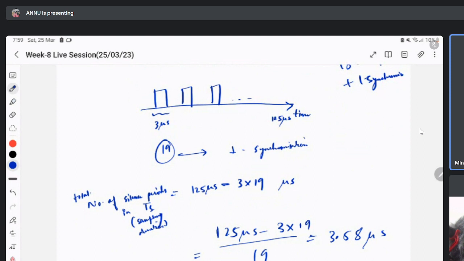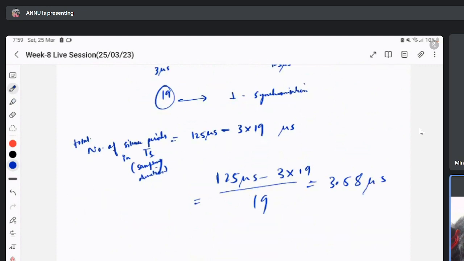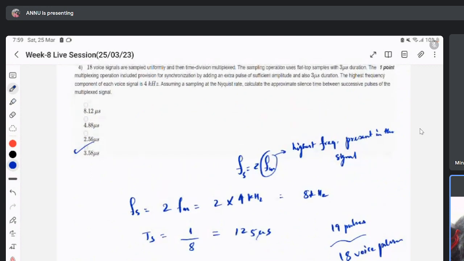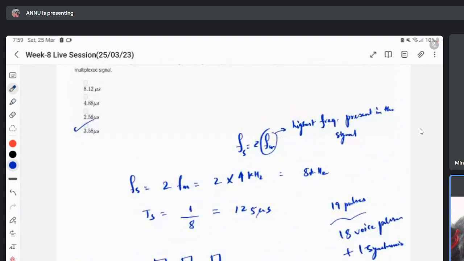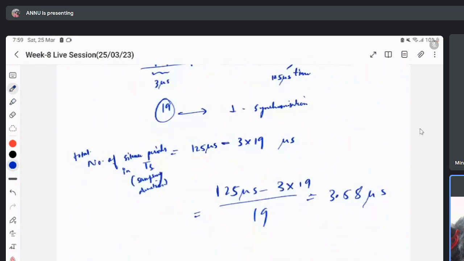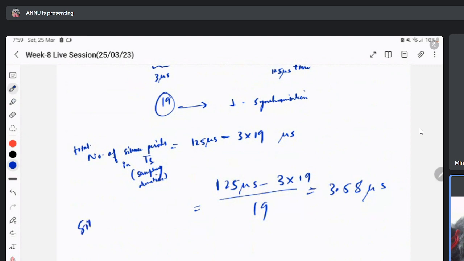It will be calculated using TS minus 3 into the time duration of each pulse into the number of pulses, including the synchronization pulses. And how will we calculate the approximate silence time between the successive pulses? It will again be divided by the total number of pulses. So here, the silence time between successive pulses.